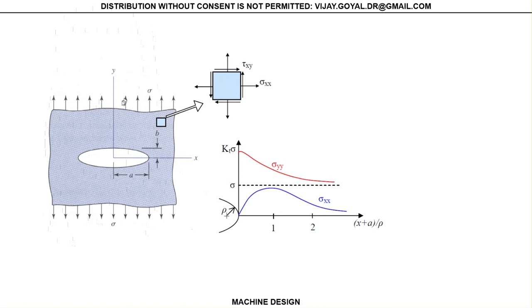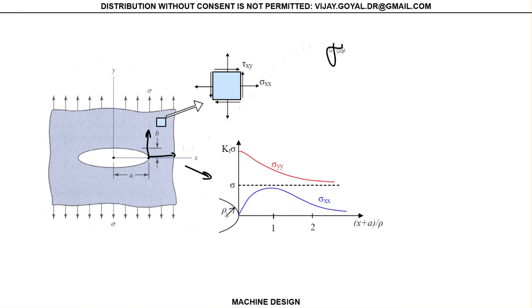Because it's an infinite plate, the stresses basically become uniform in this location. So this is the plot starting right here, and this plot will look something like this.